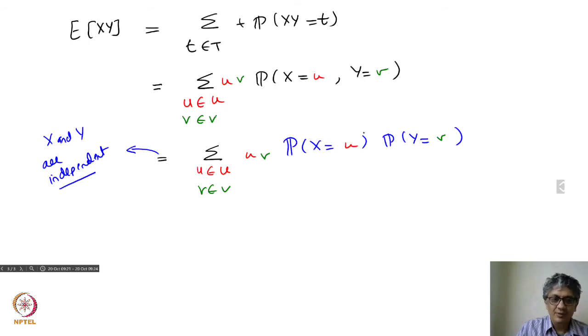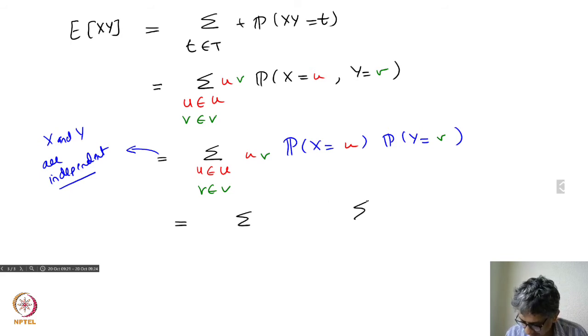Now you observe that it's a sum where one term depends only on u and the other term depends only on v, and it splits up as a product of two things. If you think a little bit and make it rigorous, it's the same as the sum over u in U times the sum over v in V, of u times the chance that X is equal to u, and v times the chance that Y is equal to v.